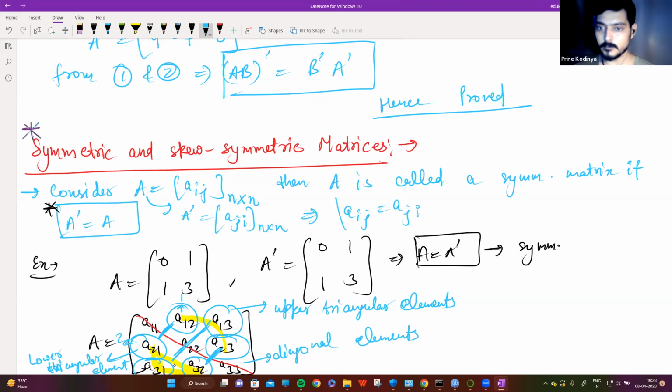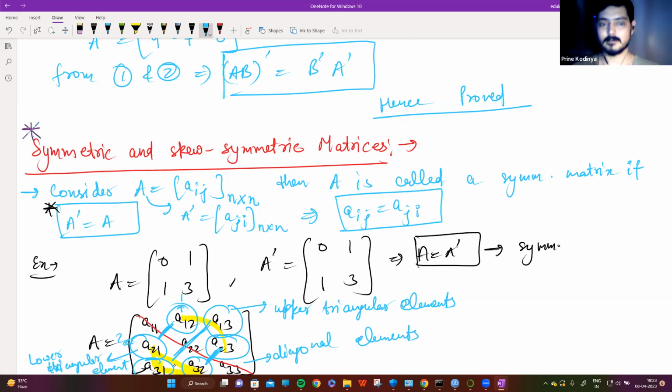We can also prove it mathematically, whatever I try to tell you, but you can also see it physically. If they have to be equal, then only your matrix will be symmetric. Mathematically, because A is Aij and A dash would be Aji, if A is equal to A dash, then this means Aij is equal to Aji.